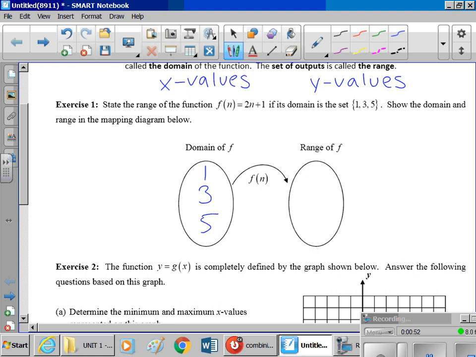So if x is equal to 1 and our function is f of n, we do 2 times 1 is 2, plus 1 is 3. 3 times 2 is 6, plus 1 is 7. And 5 times 2 is 10, plus 1 is 11. So that's simple enough to do. Take a minute, write that down.